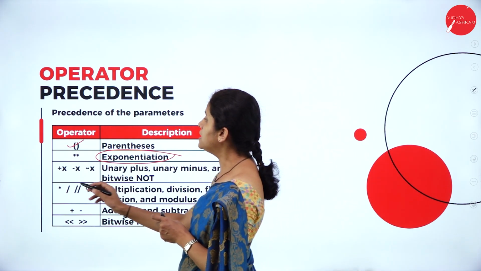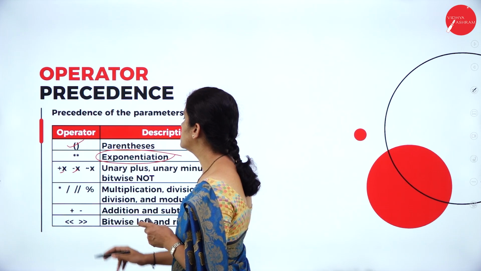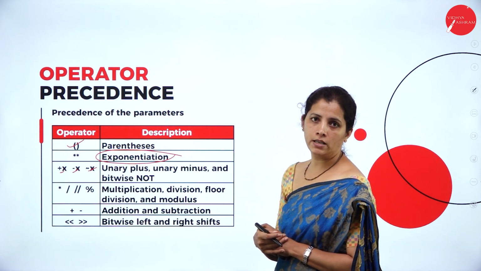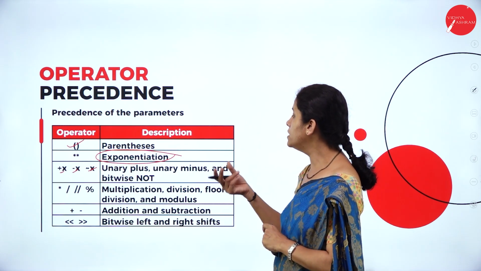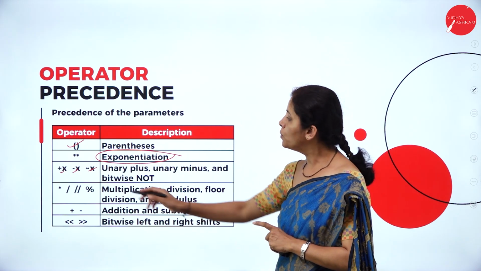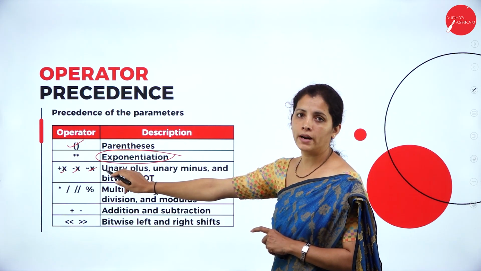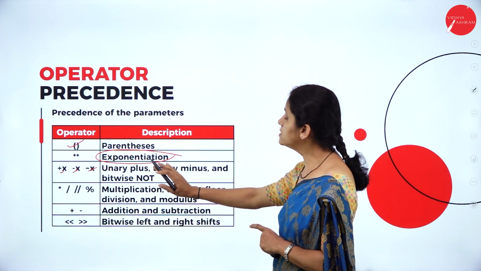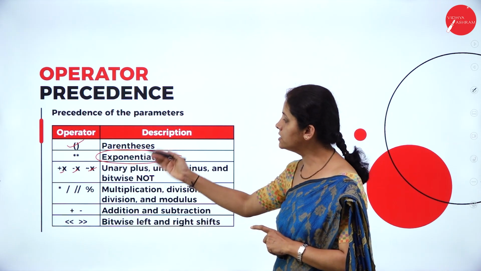See here, plus x, minus x, tilde. These are the unary operators: unary plus, unary minus, and bitwise not. Only one operator and one operand. So this has the next precedence.